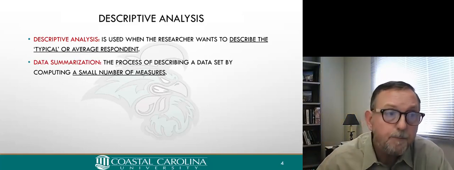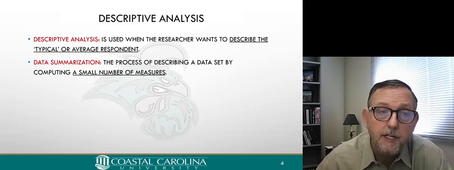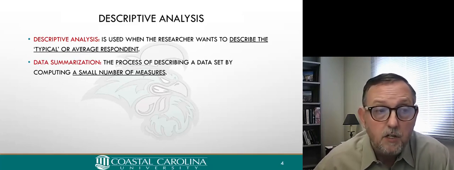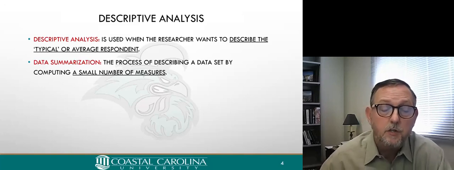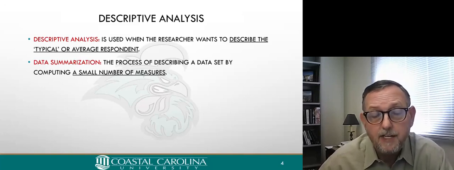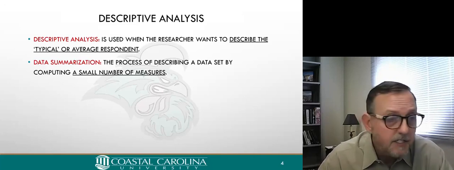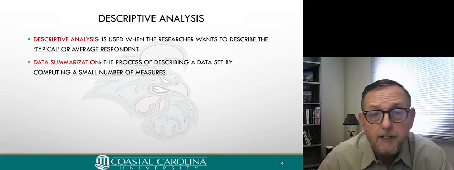So data summarization then is a process of describing data by computing a small number of measures. So we don't have to have lots of measures. In fact, when we take an average, that's a pretty simple data point, right?